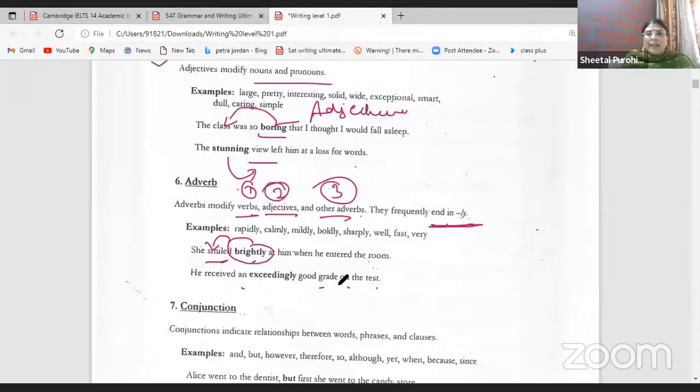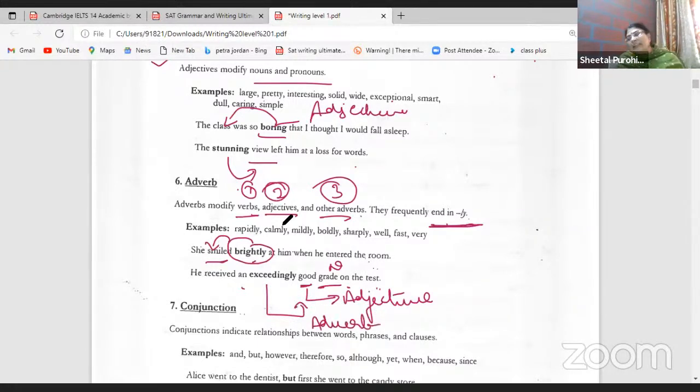Grade is a noun. What kind of grade? It's a good grade, so good is an adjective here. To what extent is it good? It is exceedingly good. So exceedingly is telling something more about an adjective, so it's an adverb. You got an example of an adverb modifying an adjective also. Clear?